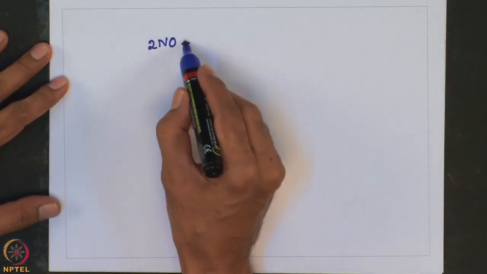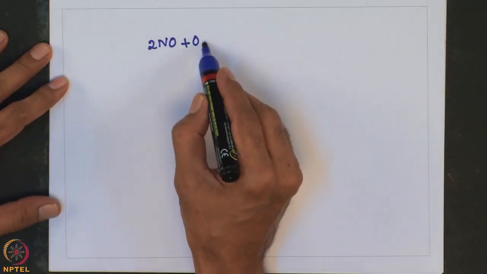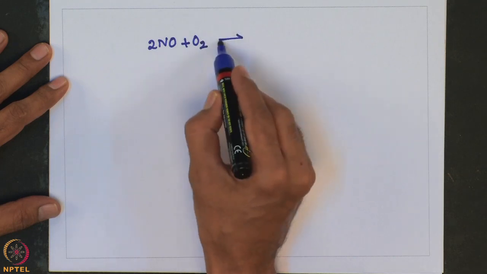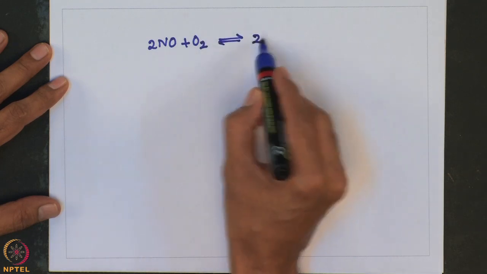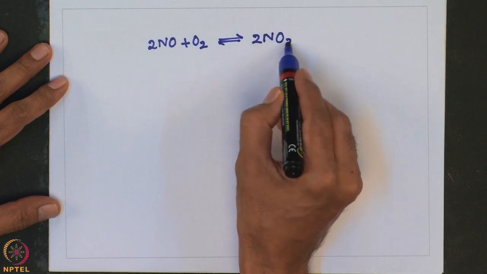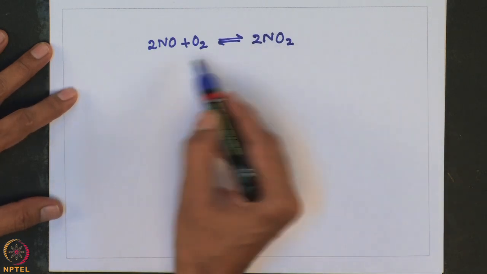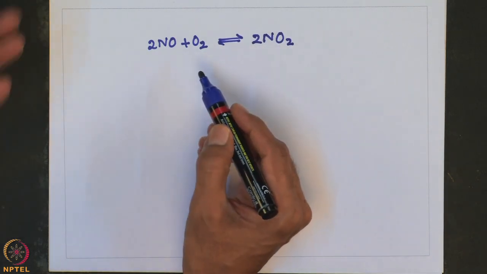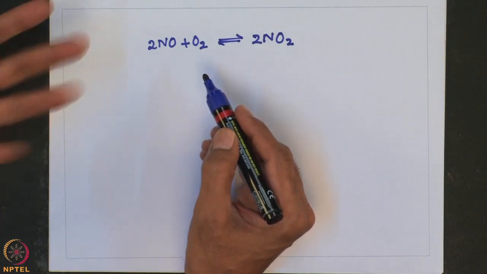So, NO is first oxidized to NO2. And of course, the NO2 is in equilibrium with its dimer N2O4.